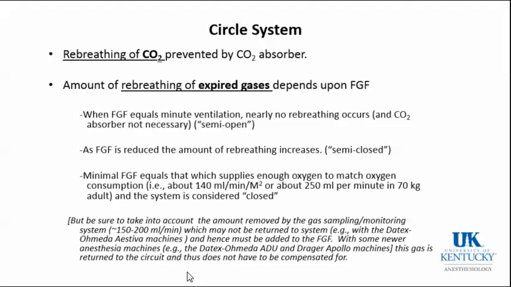When the fresh gas flow equals the minute ventilation, there is virtually no rebreathing of expired gases. Conversely, as the fresh gas flow is reduced, there is more and more rebreathing of expired gases. And when you go to the closed system, in which you're only adding enough fresh gas flow to match the uptake, there's total rebreathing.